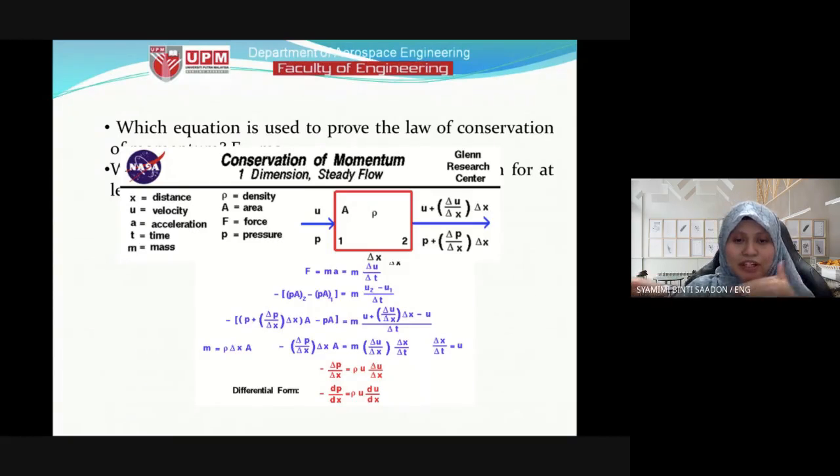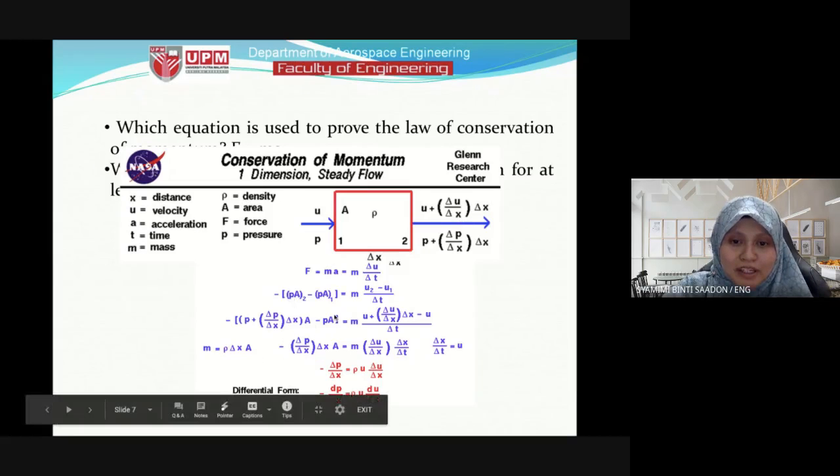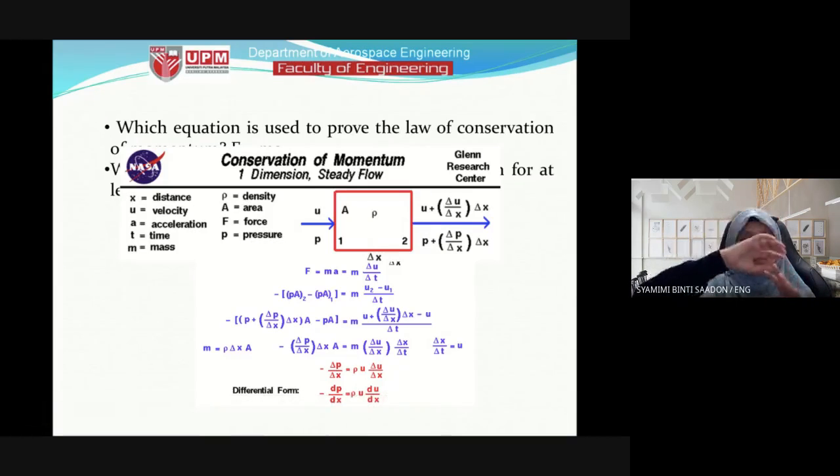Depending on the direction, negative or positive, we elaborate the PA terms, PA2 and PA1, and then we get, okay, this is the continuity or the conservation of mass just now. So we have to learn the conservation of mass first, then conservation of momentum, and then conservation of energy, because we apply the first law into the second law.